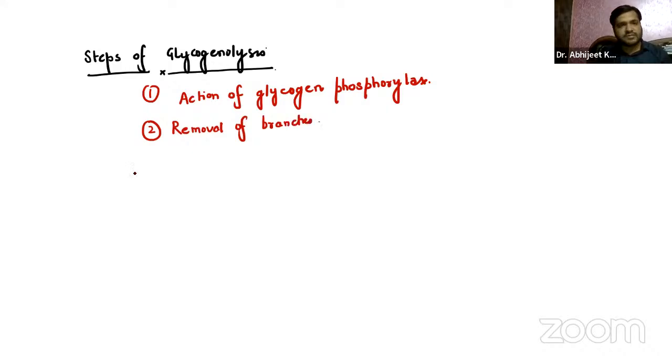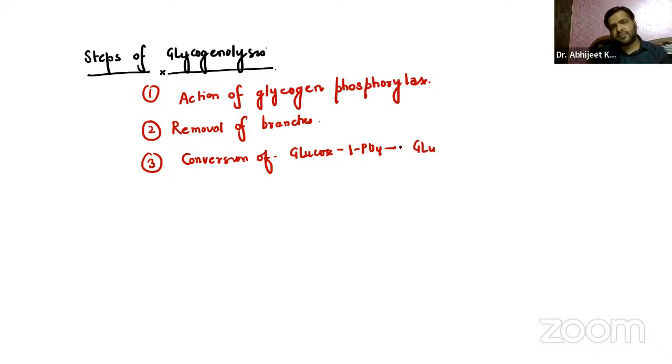And the third one, guys, is conversion of glucose 1 phosphate to glucose. So from glycogen, we will be forming the glucose.